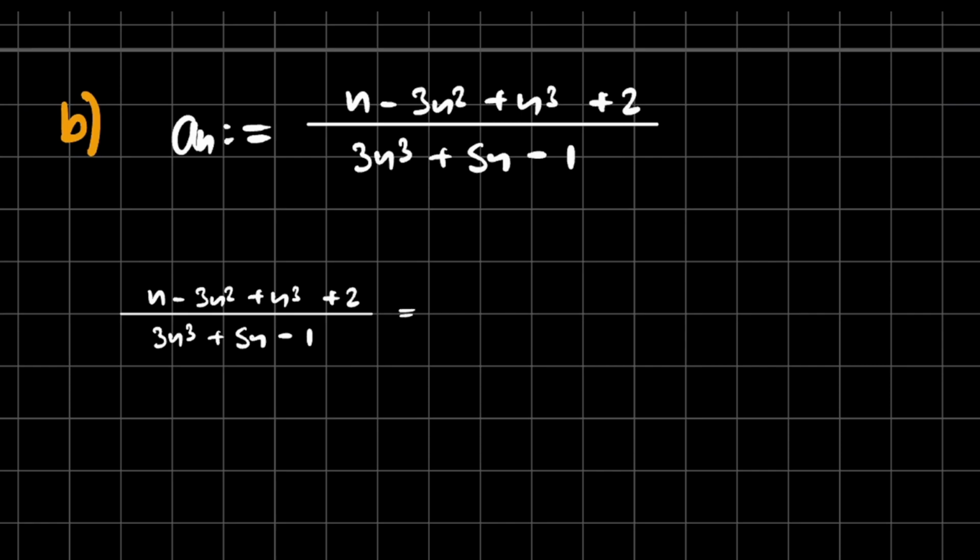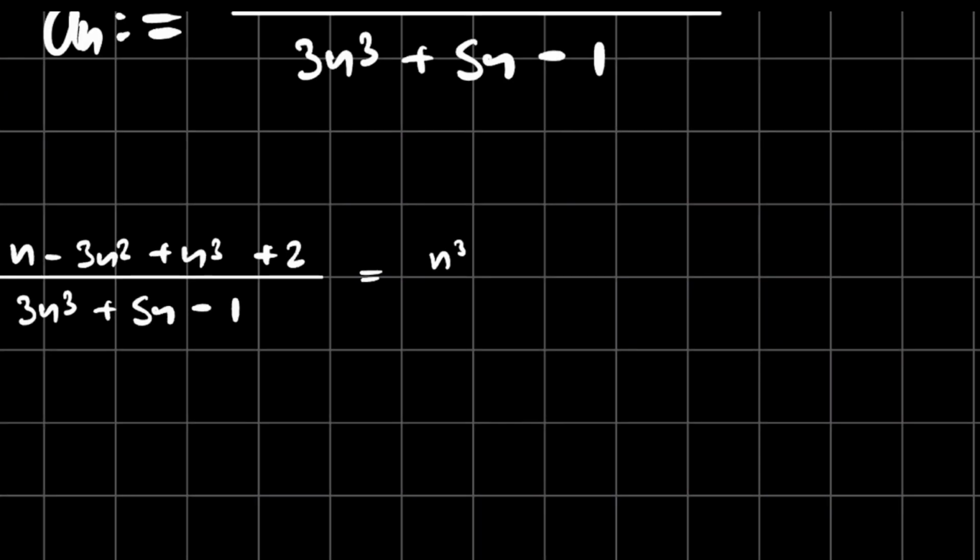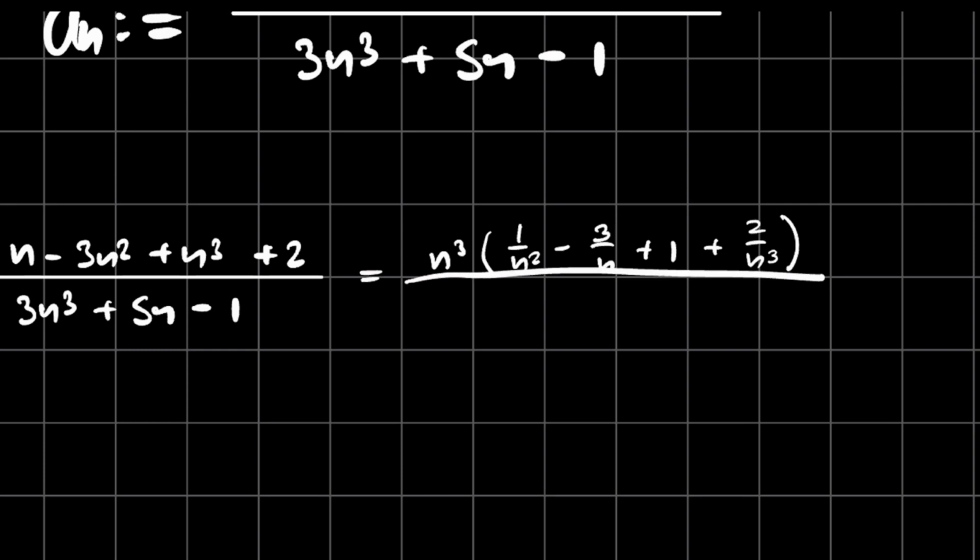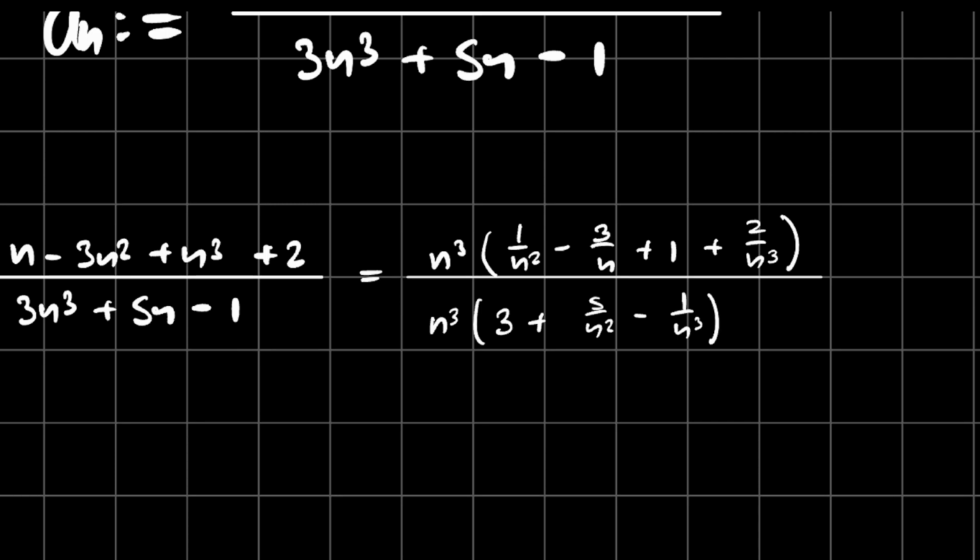Then this is going to be the highest exponent here, so we're going to have 1 over n squared minus 3 over n plus 1 plus 2 over n cubed, and on the bottom n cubed times 3 plus 5 over n squared minus 1 over n cubed.